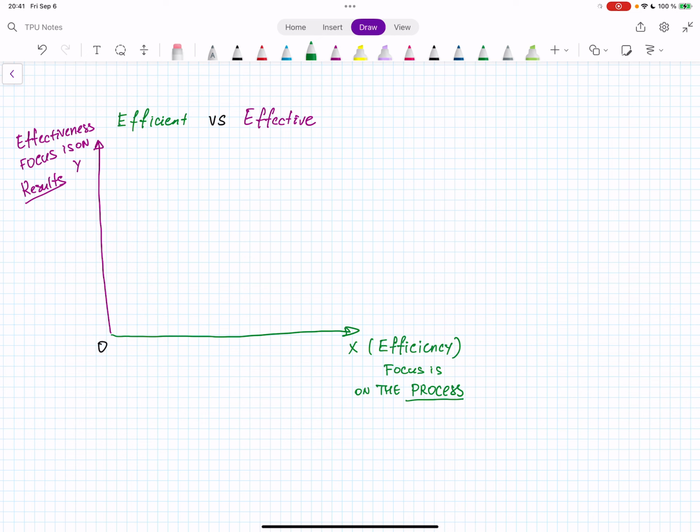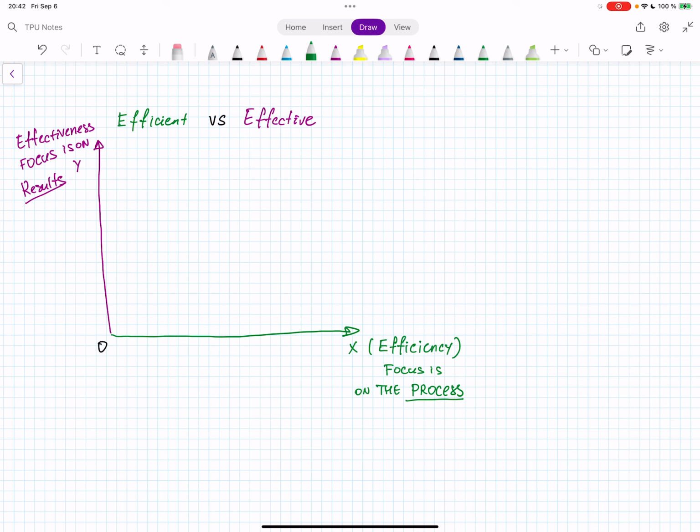So you are trying to do it in the most efficient way, which means that you may be thinking about how to use less soap, dishwashing soap, how to use less water to do the dishes, and how to combine all the plates and the cups to put them in the sink in the right way, and then dry them and put them up in the dryer. So this is your efficiency.